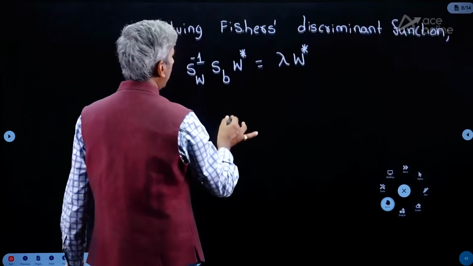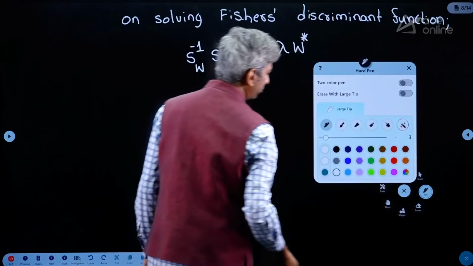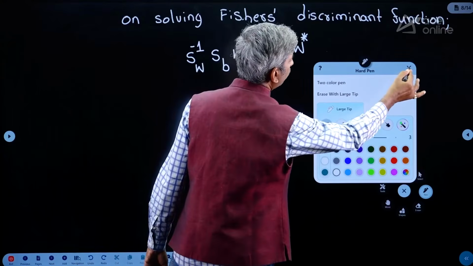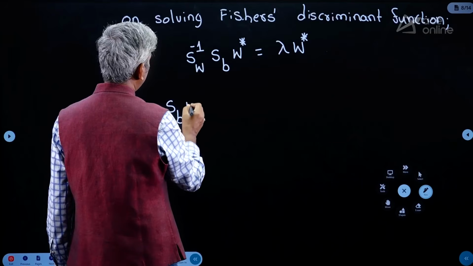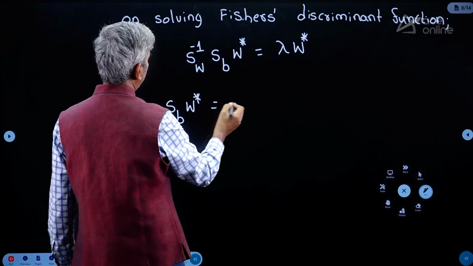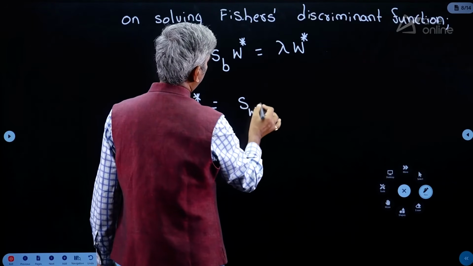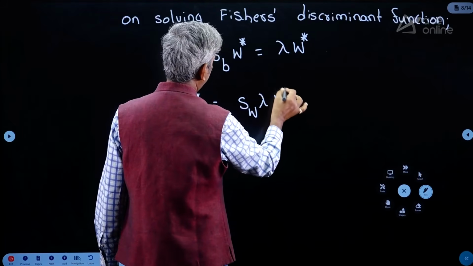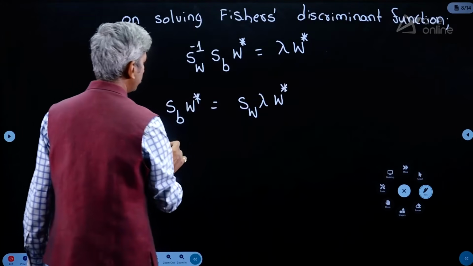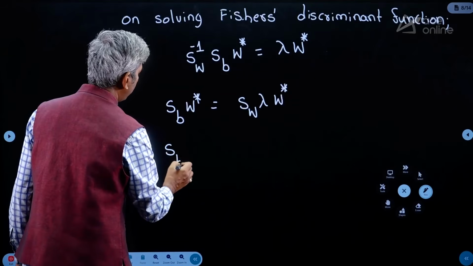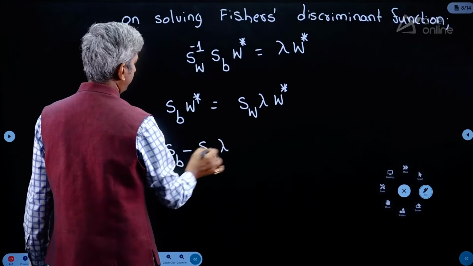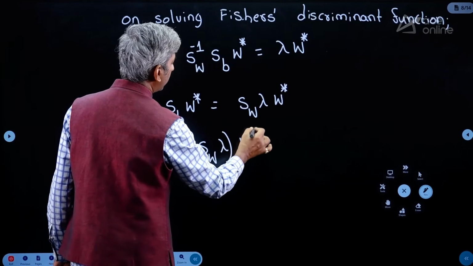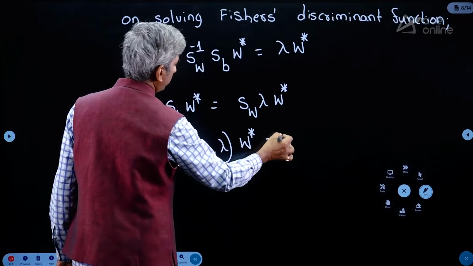Now, on just rearranging this expression further, we will get SB W star is equal to SW lambda W star, from which SB minus SW lambda times W star is equal to 0.